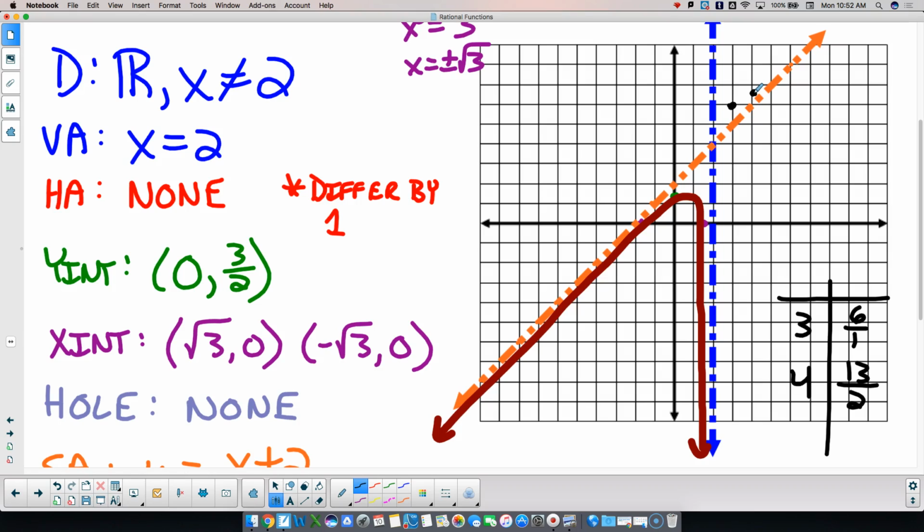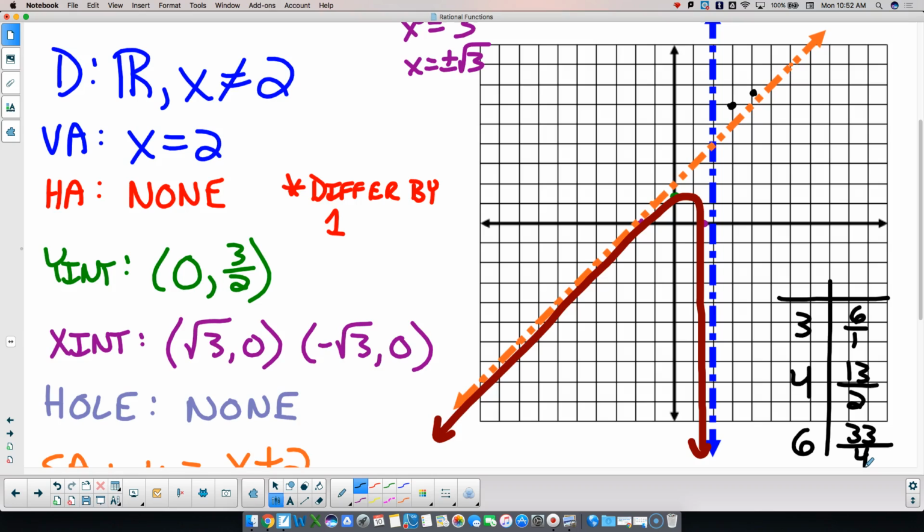Let's go out to 6. 6 squared is 36. Minus 3 is 33. 6 minus 2 is 4. Roughly 33 divided by 4, a little bit more than 8, right? Okay, 8.25 actually.